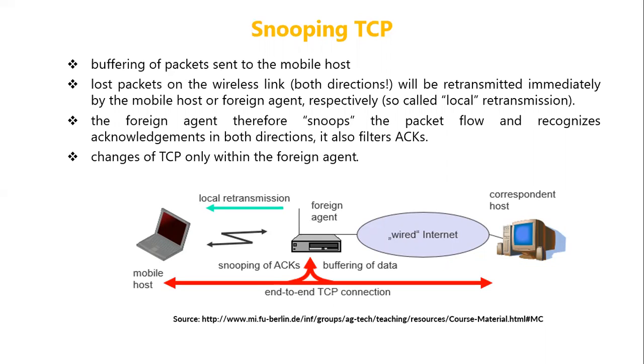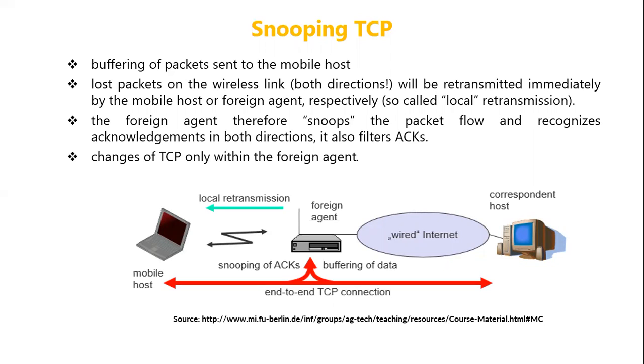Okay. Similarly, for data transfer from the mobile host to the correspondent host, the foreign agent snoops into the packet stream to detect gaps in the sequence numbers of the packets. So if it detects any missing packet, as I said already, after packet 1, if packet 5 comes, then it will understand that packets 2, 3, 4 are missing.